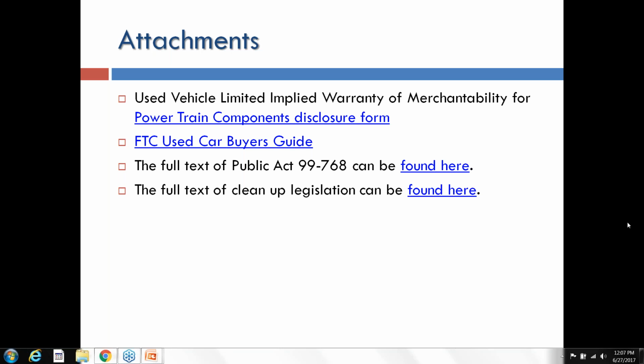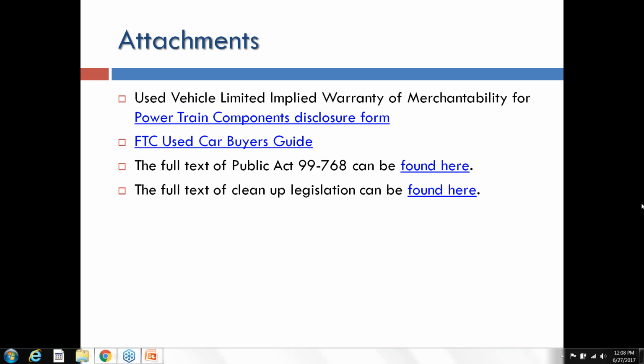On auction sales, when the auction is open to the general public, who is responsible to honor the implied warranty, the auction or the dealer who owns the car? Excellent question. My advice on that would be for the dealer to make that disclosure.